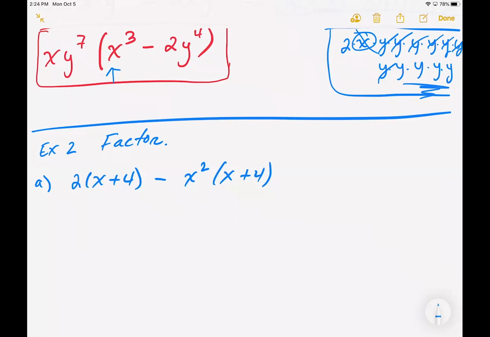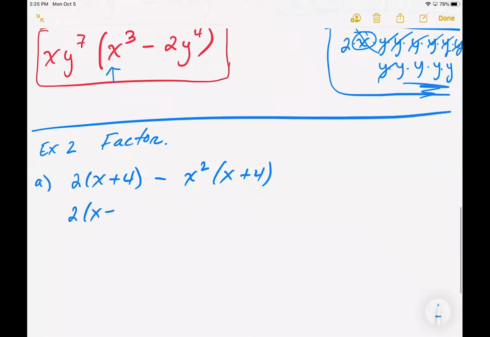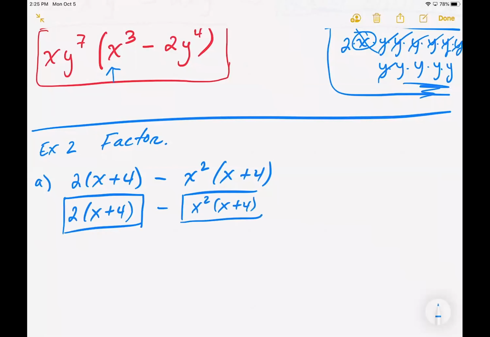So when you factor out, this is what you need to ask yourself. I have the first item, 2 times (x plus 4). I have the second item, x squared plus 4x. Now, between my 2 items, do I have anything the same? Do you agree that I have the x plus 4 item in the first and x plus 4 in the second?